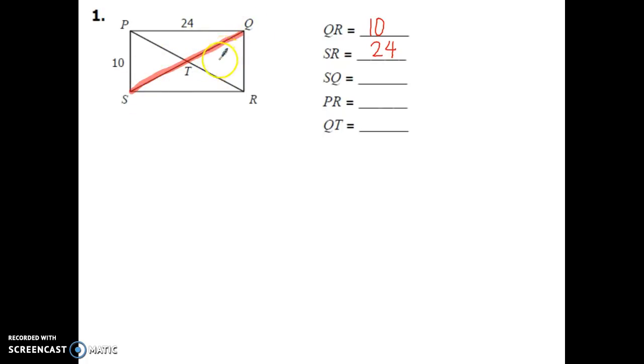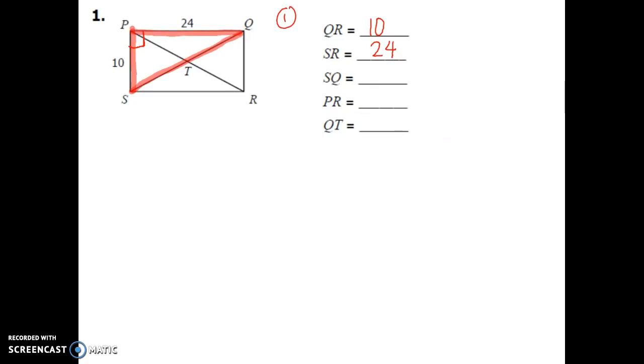However, if we recall our new property, this is property number 1, all 4 angles are right angles, which means this angle right here is a right angle, which then of course makes this a right triangle.